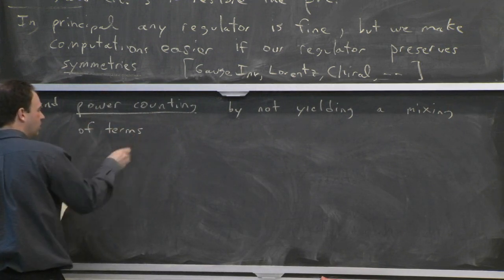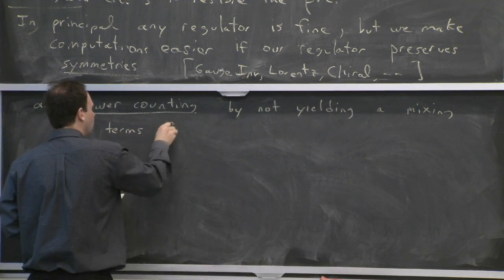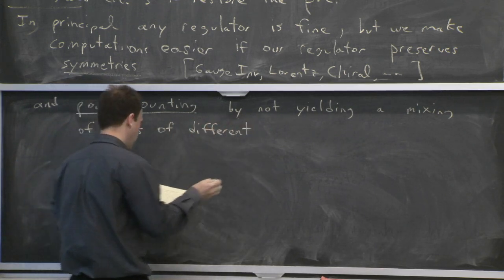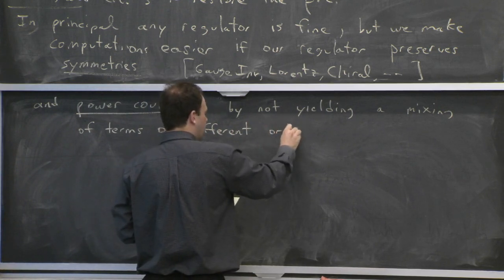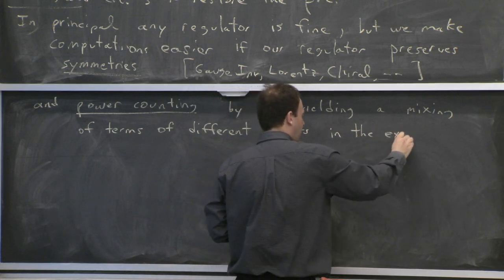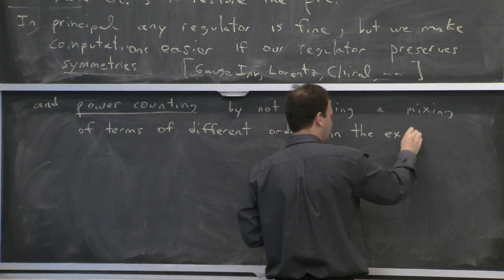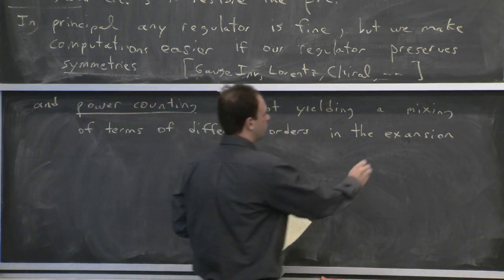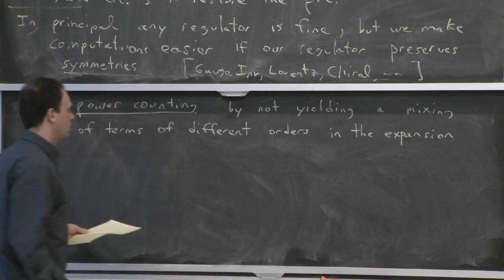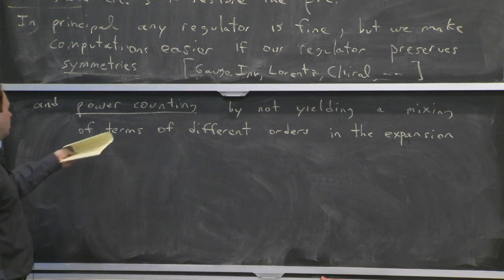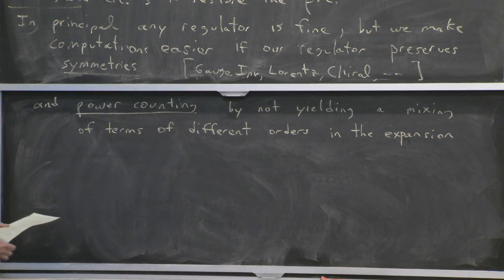And one way, in a more formal language, that you could say what happens with the generation of that term that we talked about with the cutoff is that you mix up different orders in the expansion, and it looks like your naively higher order term is mixing back to a term of lower dimension. And so if you can get away with taking a regulator that doesn't have that mixing back to more relevant operators, then you could preserve your power counting, make it simpler.